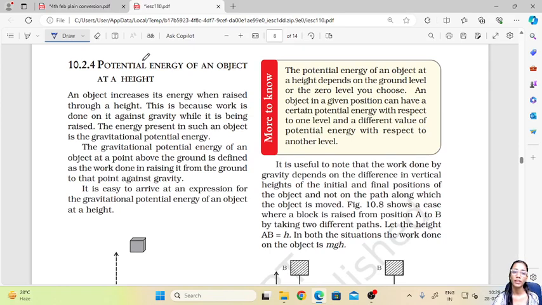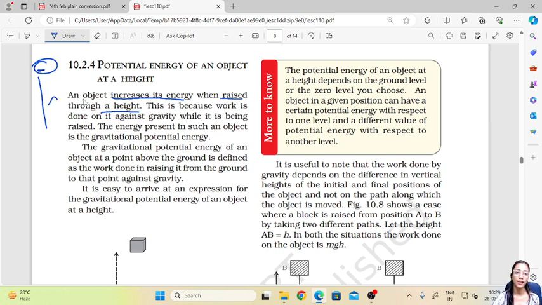Another one is potential energy of an object at a height. When an object is placed at a height, it is also said to possess potential energy. An object increases its energy when raised through a height. This is because the work done on it is against gravity while it is being raised.